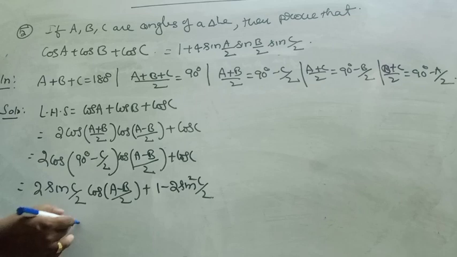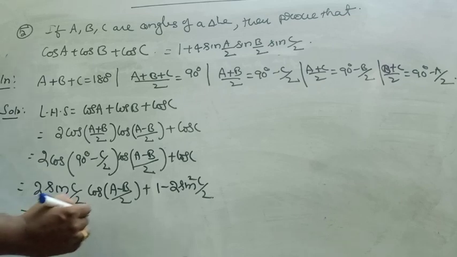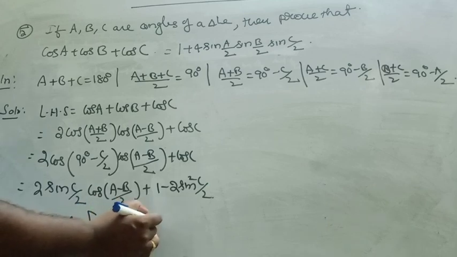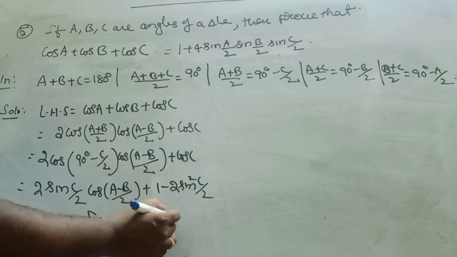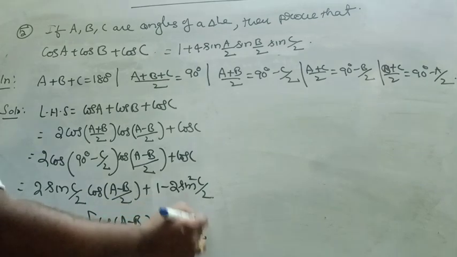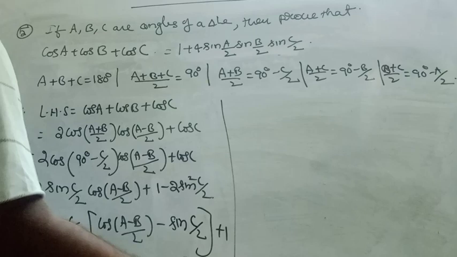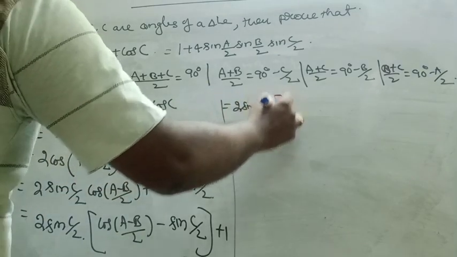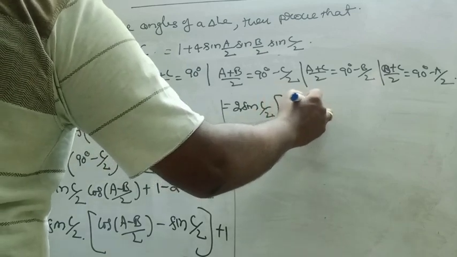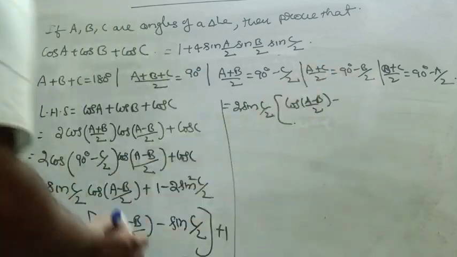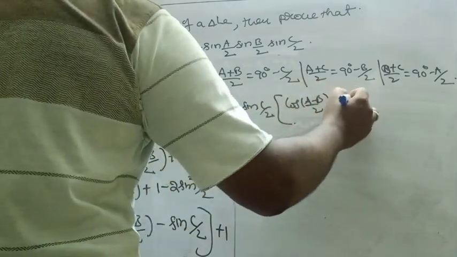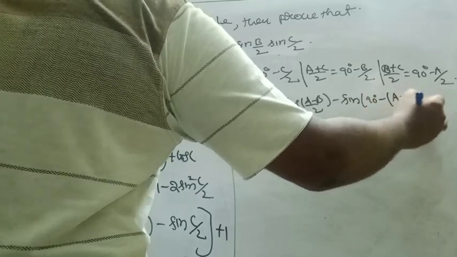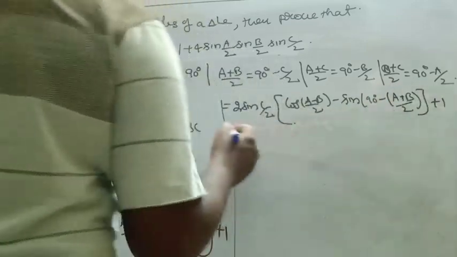If we take common, what we are going to get is cos of (A minus B) by 2 minus sin C by 2, plus 1. Now this is equal to 2 sin C by 2 into cos of (A minus B) by 2 minus sin C by 2, which is nothing but sin of 90 degrees minus (A plus B) by 2, plus 1.